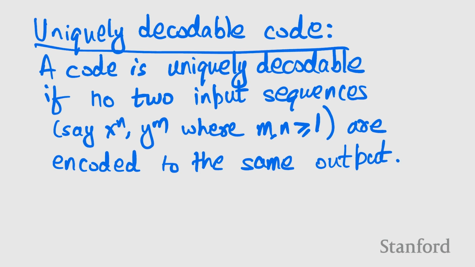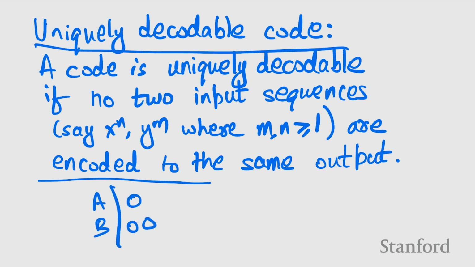Are we happy with the definition? Any questions on this definition? Right. So with this definition, if we go back, or let me draw that again, this code that we saw, A was 0, B was 0 0, is not uniquely decodable.